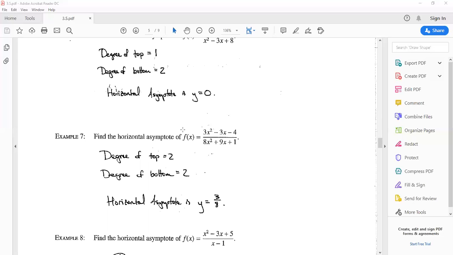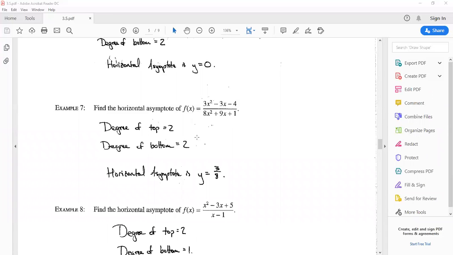Again, the idea is that as x goes to positive or negative infinity, these smaller terms, 3x minus 4 and 9x plus 1, don't have as much significance as 3x squared and 8x squared. The squaring part dominates the linear term. So we can forget these linear pieces and just be left with 3x squared divided by 8x squared, which simplifies to 3 over 8.